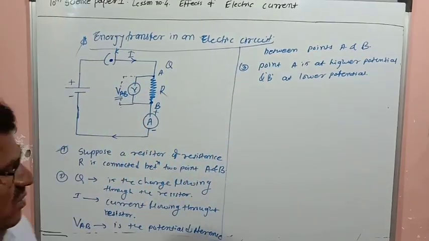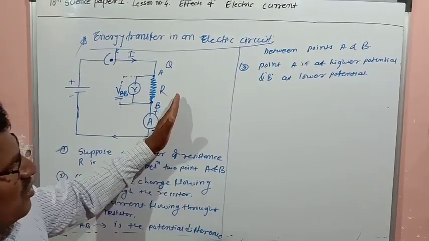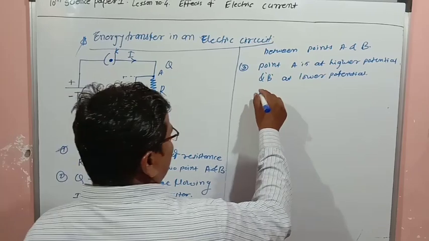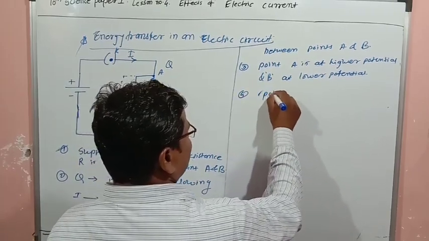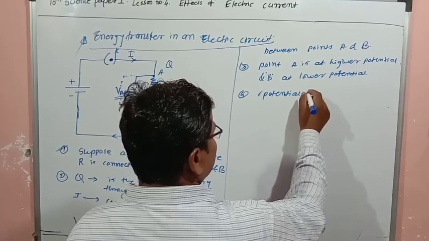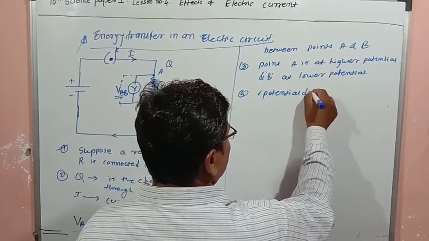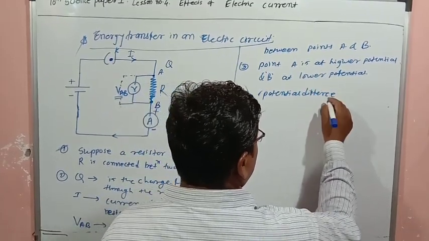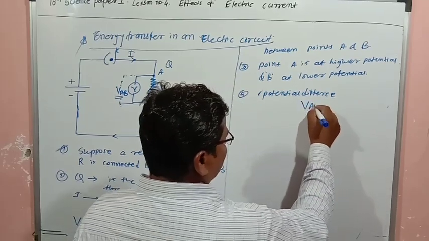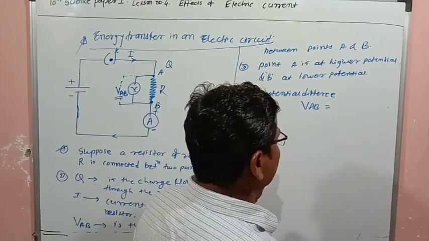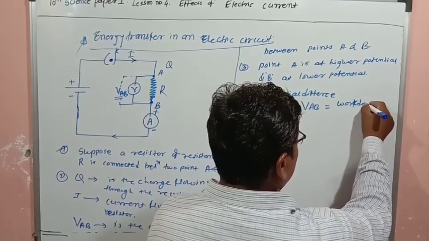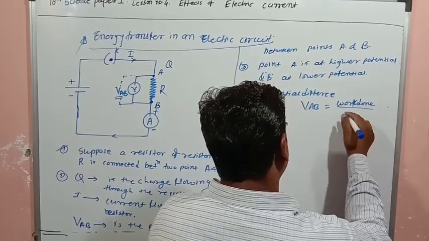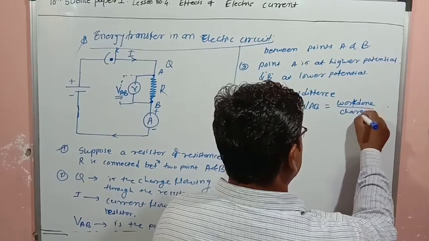Now, next thing we will say, potential difference VAB is equal to work done upon charge.